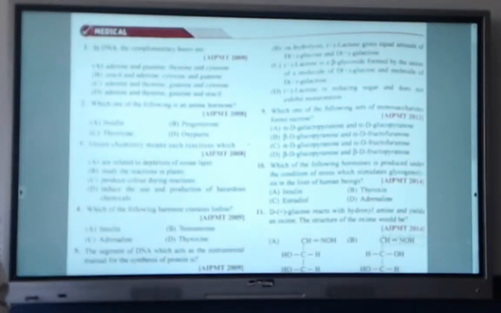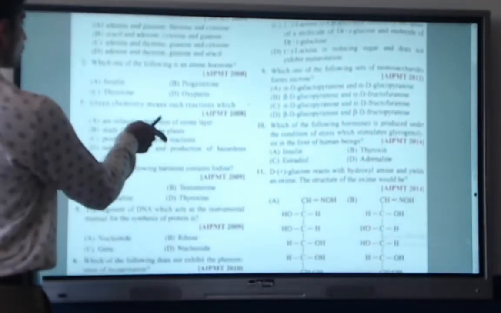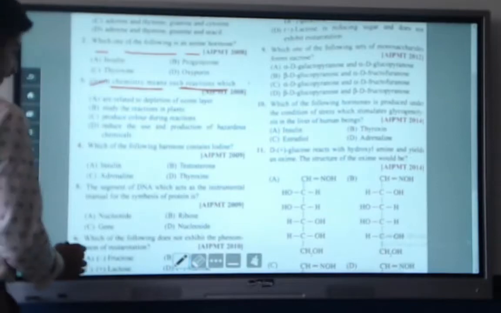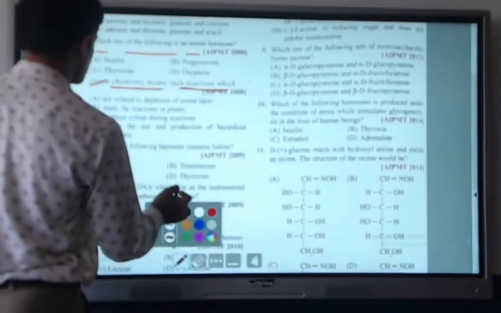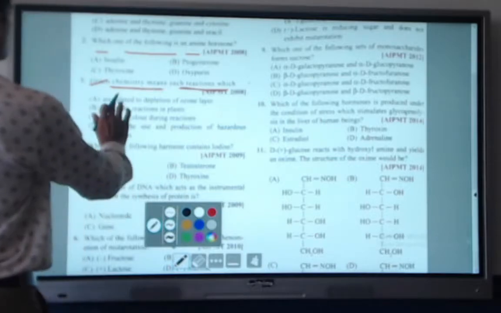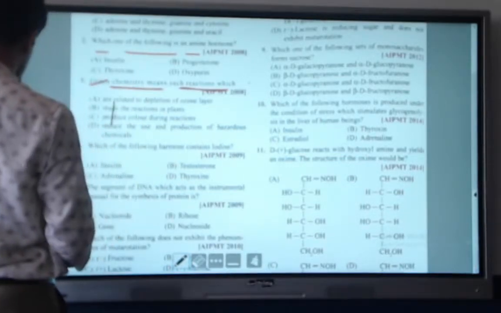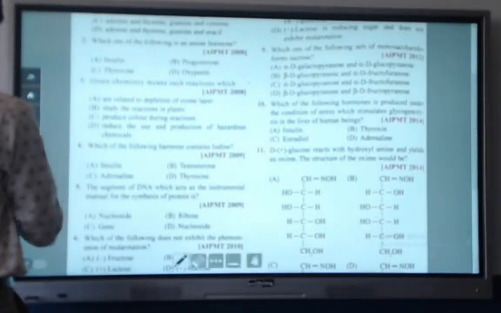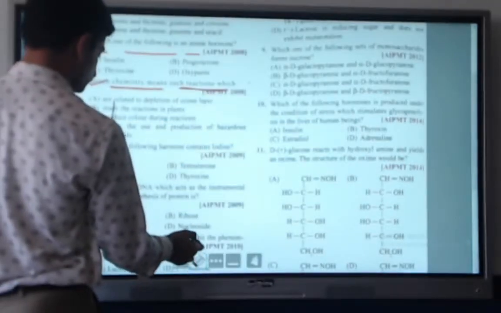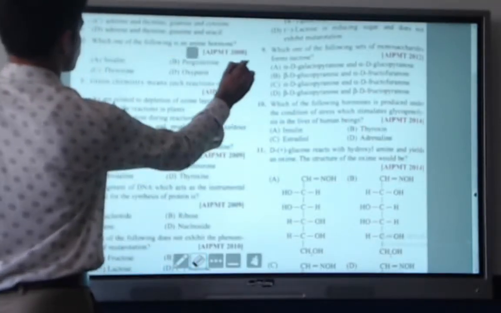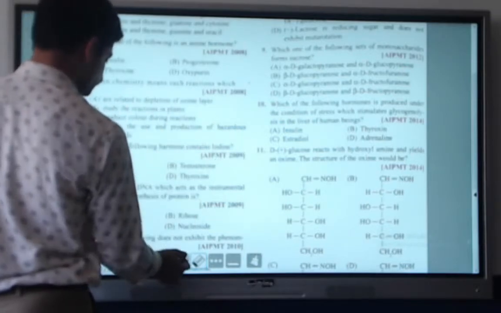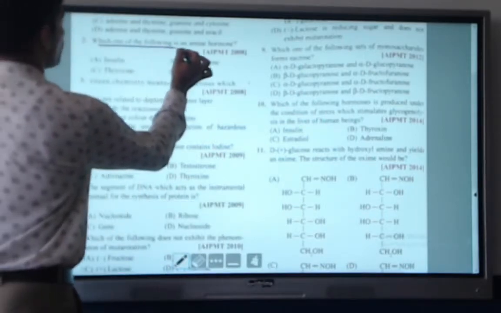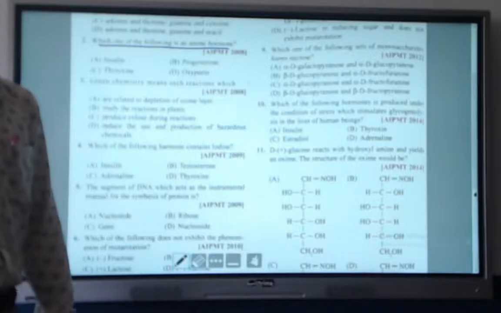Now, the next question. Second one, which one of the following is an amine group?